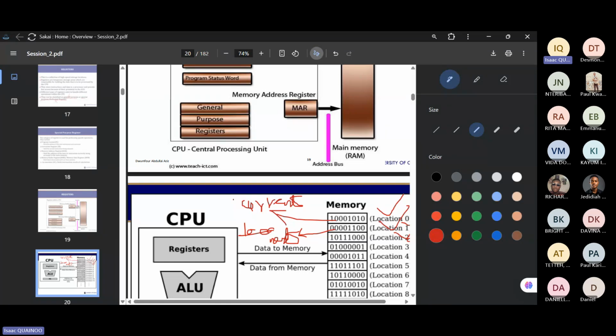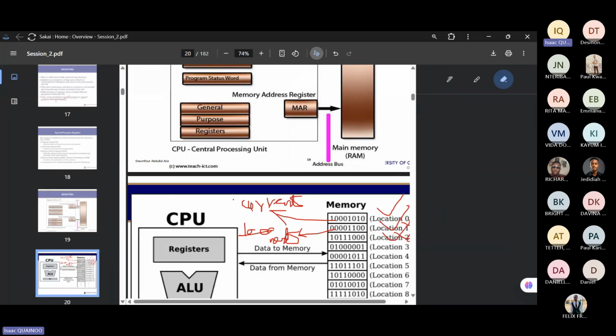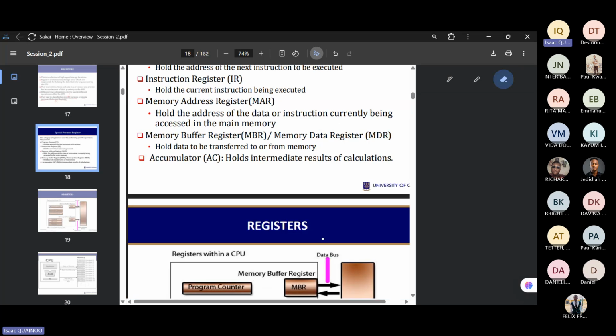If the computer is now processing location 1, it will now hold location 2 because that will be the next program to be executed. So let's kindly take note of that. Okay, so that's just the program counter and how it works.